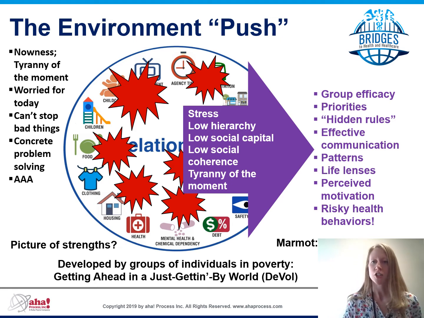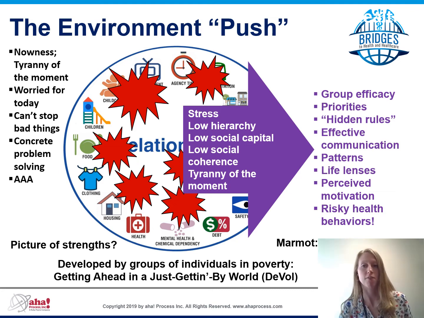The red jagged shapes you see in the circle represent crises, fires that have to be put out all the time, like having car troubles that you can't easily fix, which leads you to be late again to your retail job, which might lead to losing your job, which might lead to you not being able to pay rent, which might lead to an eviction notice, and so on and so forth.